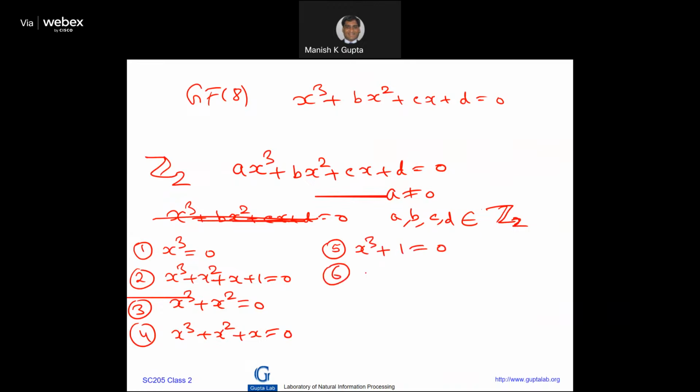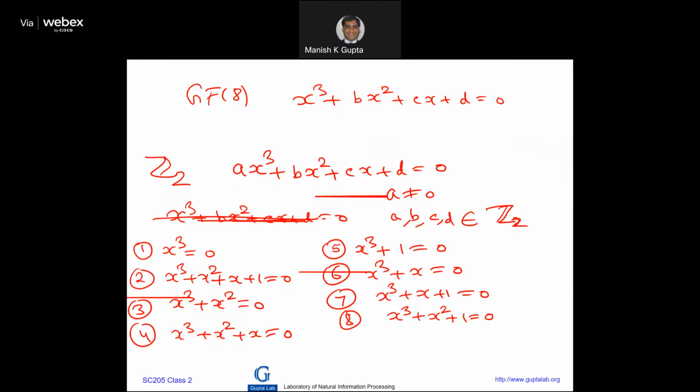Then x cube plus x is equal to 0. Then x cube plus x plus 1 is equal to 0. Another one, x cube plus... very good. Now all the 8 equations are there.